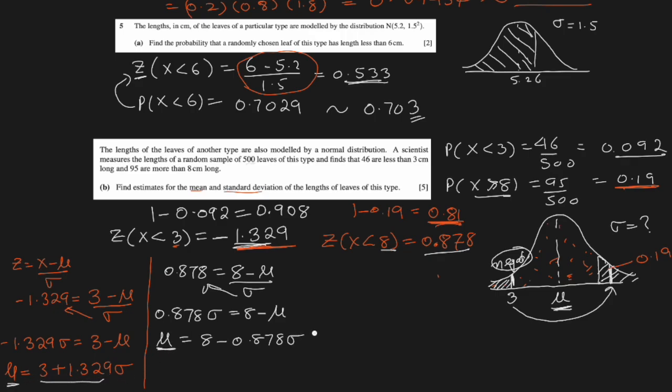Now we have mu equal to something here, and mu equal to something here. That means this part can be equated to this one. Let's write it here: 3 plus 1.329 sigma. Let's exchange the places of these two.